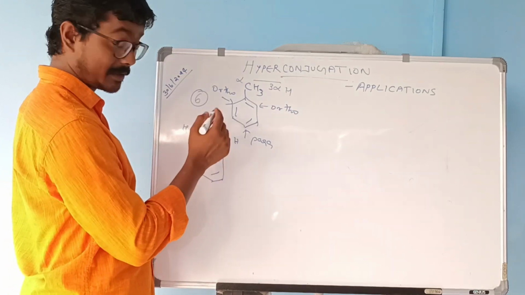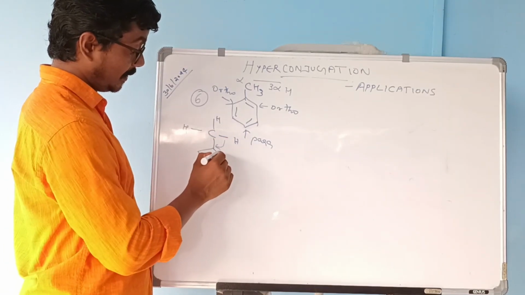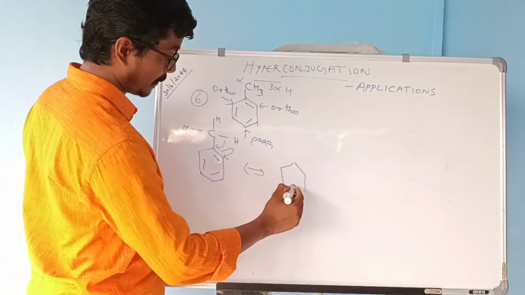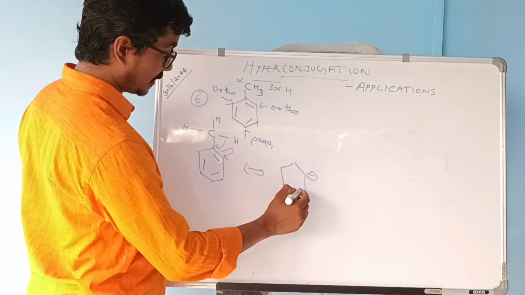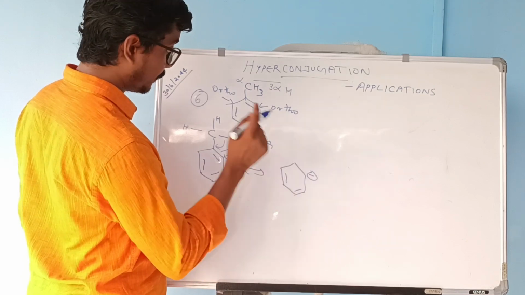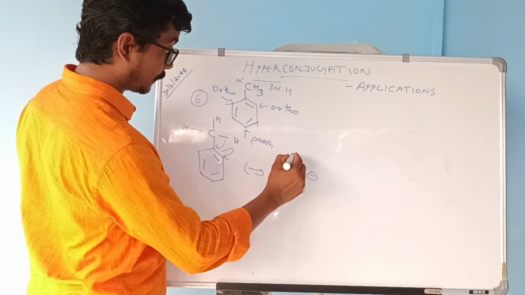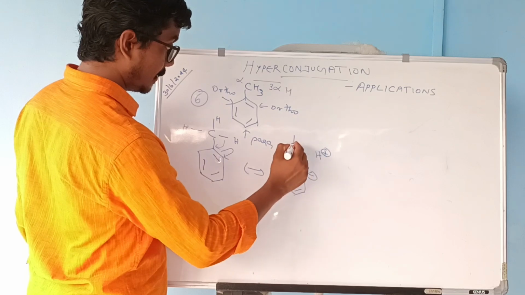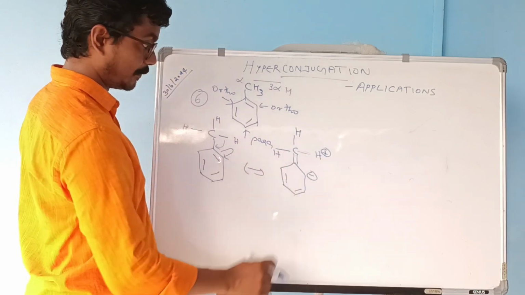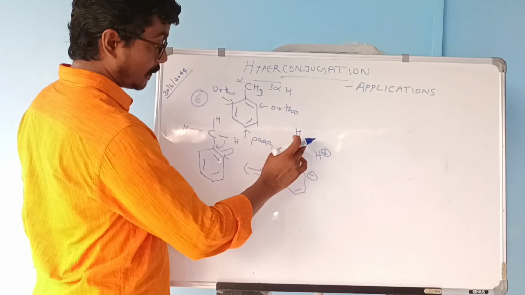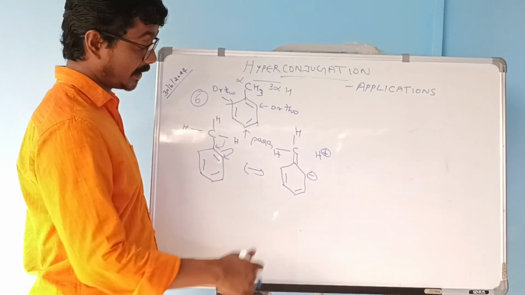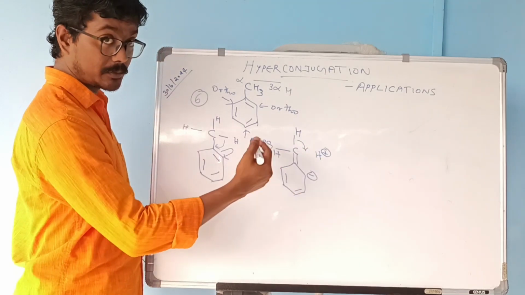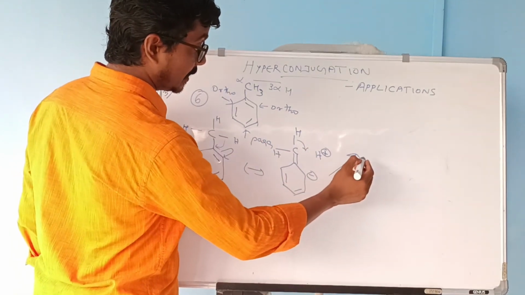Due to hyperconjugation, this will come here. As a result, resonance comes in, and a negative charge comes here, and a double bond comes here. Resonance is always predominant over this, and there are also hyperconjugative structures here, and this will continue in this manner.